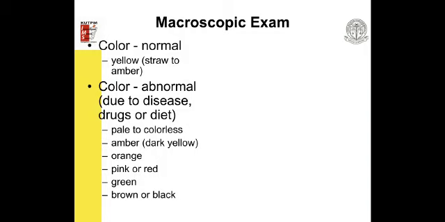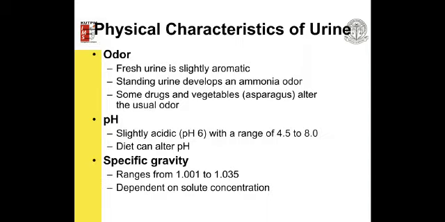In abnormal cases, the color can change due to disease, drugs, and diet. It can be pale, amber, orange, or red-green, depending on different cases, like in jaundice, or drugs like rifampicin, and vitamins.